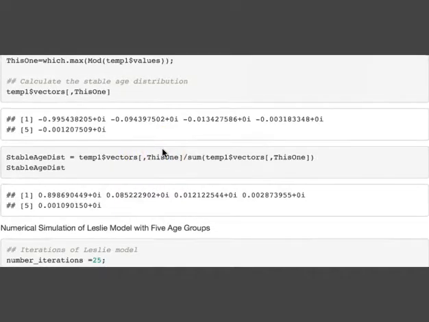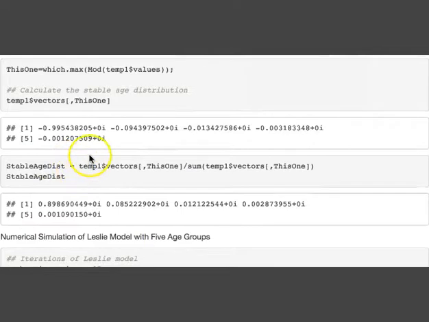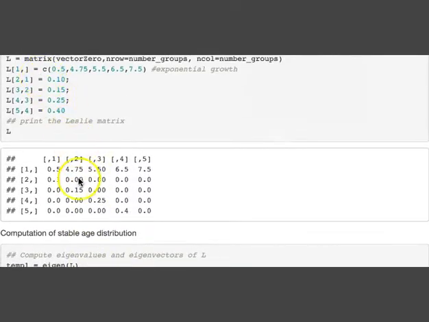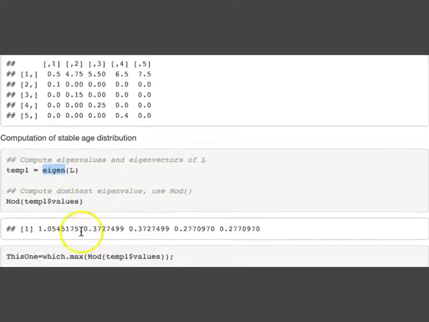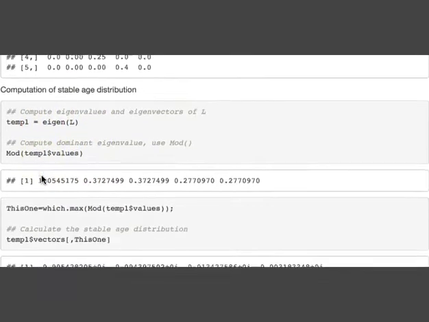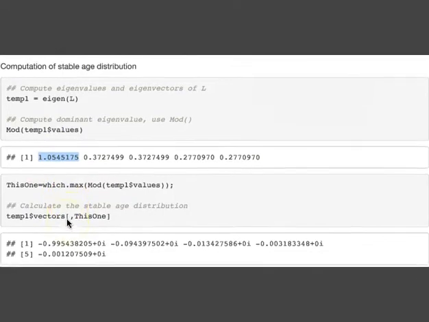So here's a numerical example. This may look familiar to you, right? Here you define the matrix, and the first thing is to use this command eigen, and you want to identify first the eigenvector with largest modulus. In this case, that turns out to be the very first one.